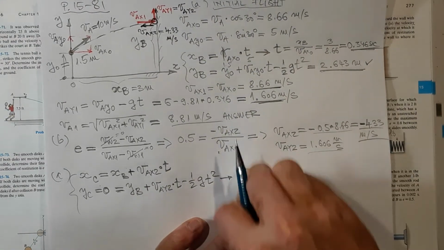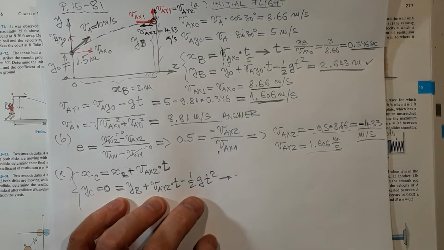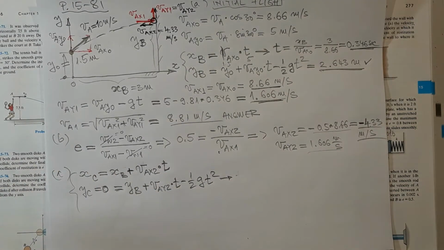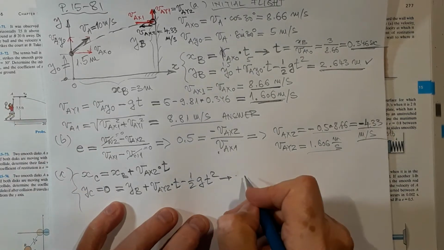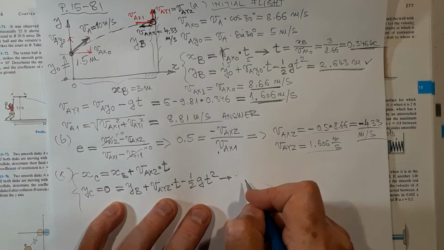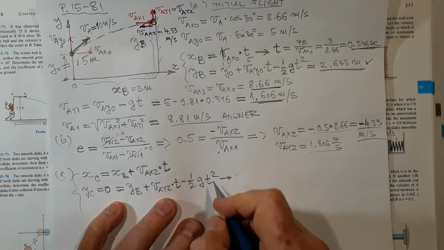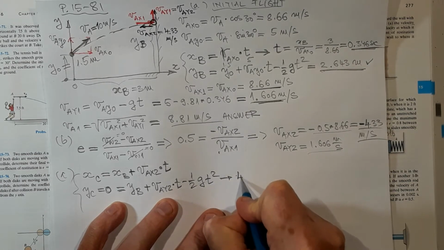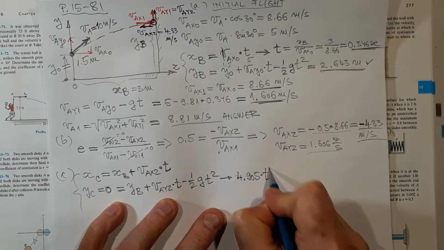So let's take the quadratic first. Moving everything to the right and changing some signs, it'll be half of 9.81, which is 4.905 times t squared.